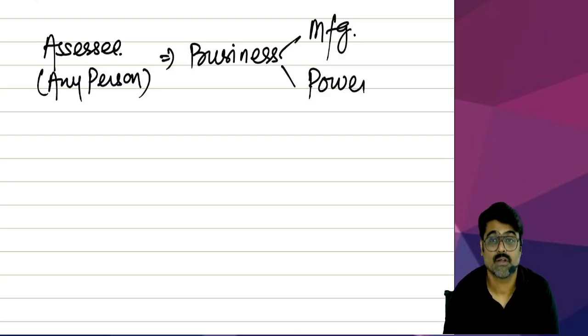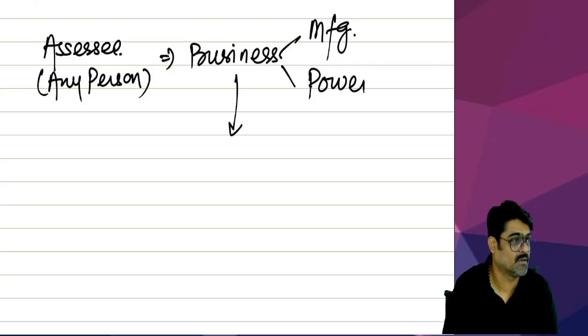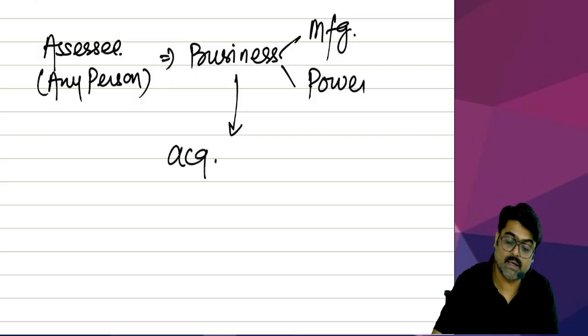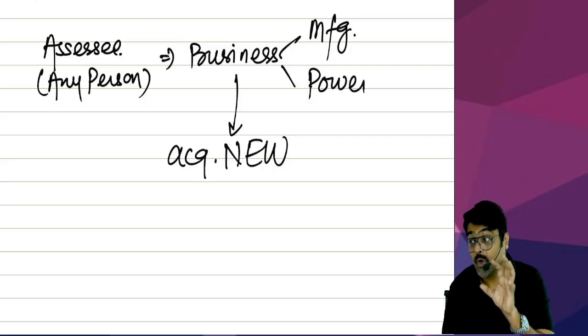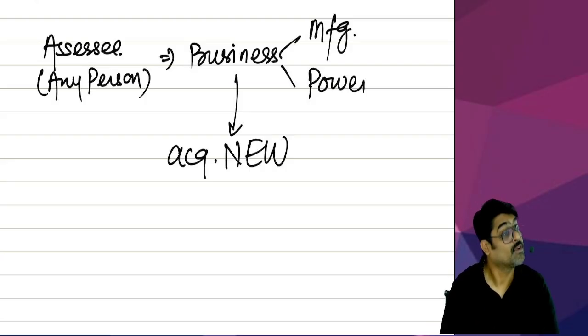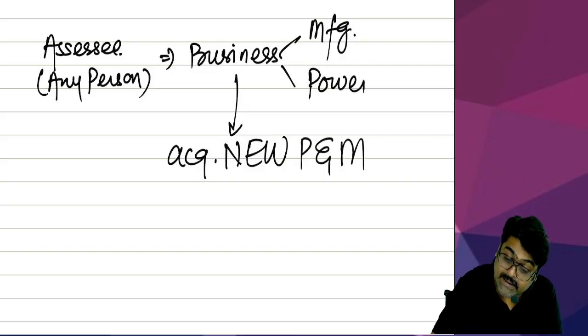Yes. Then assessee, for this business, you have to acquire new. Did I write new? New means new. New what? New asset? No. New plant and machinery.